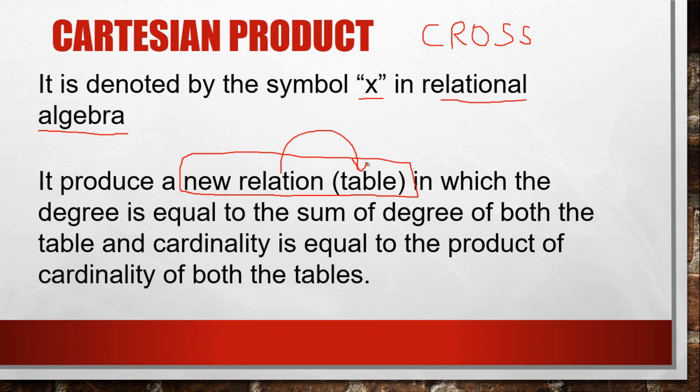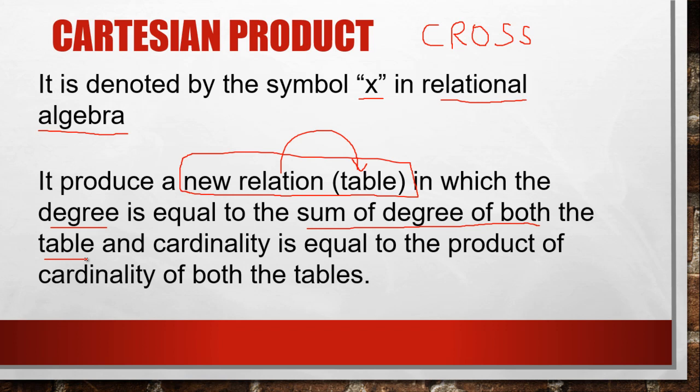So what work is performed by this Cartesian product? This Cartesian product operation produces a new table in which the degree is equal to the sum of the degrees of both the tables. Obviously we perform Cartesian product on two tables, and the result obtained has degree equal to the sum of the degrees of both the tables.